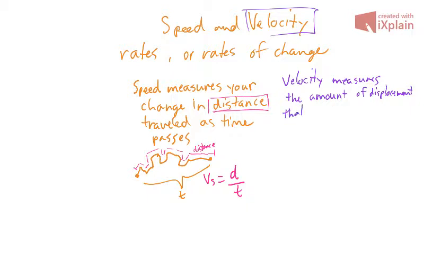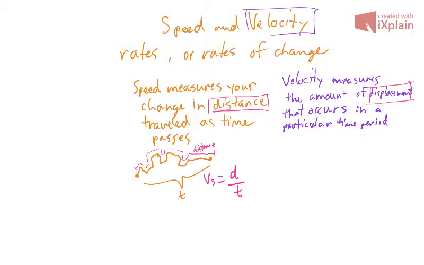That occurs as time passes, or in a particular time period. And the big distinction here is, of course, velocity uses the concept of displacement, the rate of change of the displacement, versus speed, the rate of change of distance.